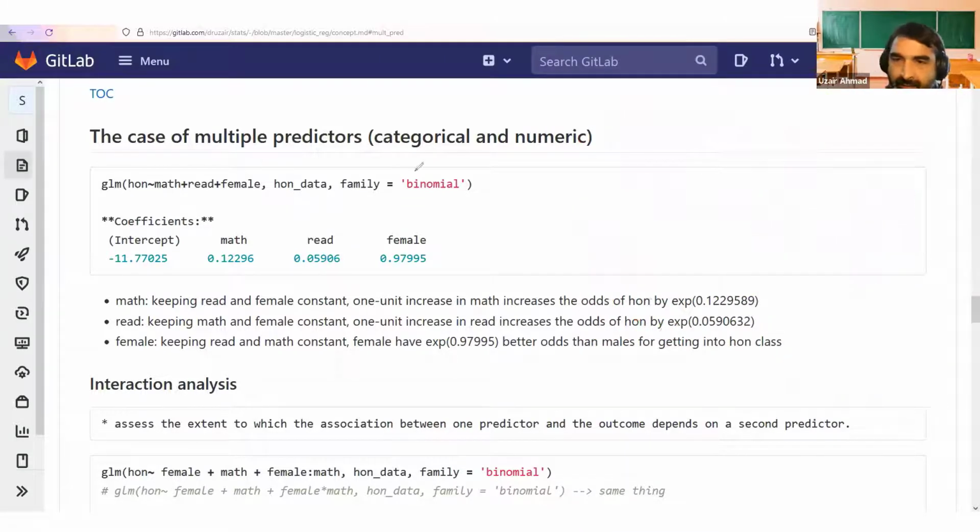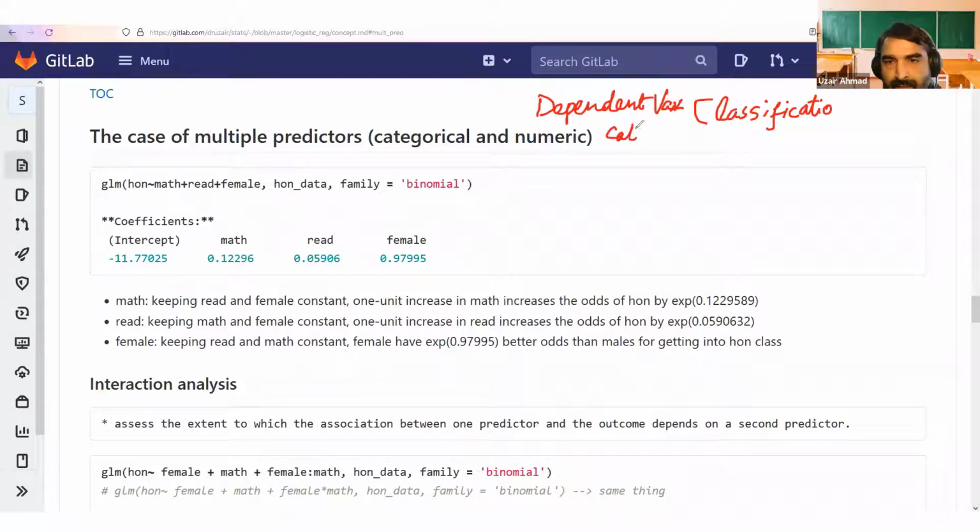All right, then what we are going to essentially do now is classification, when the dependent variable is categorical. If it can take only two values, we say we are doing binary classification. If it is allowed to take multiple values, more than two, then we are doing multinomial classification or multi-class classification.